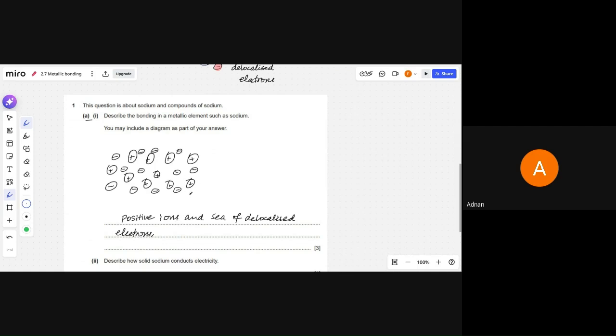This is how you can structure your answer. When you write positive ions, you're going to get 1 mark, and when you use the keyword sea of delocalized electrons, you're going to get another mark.